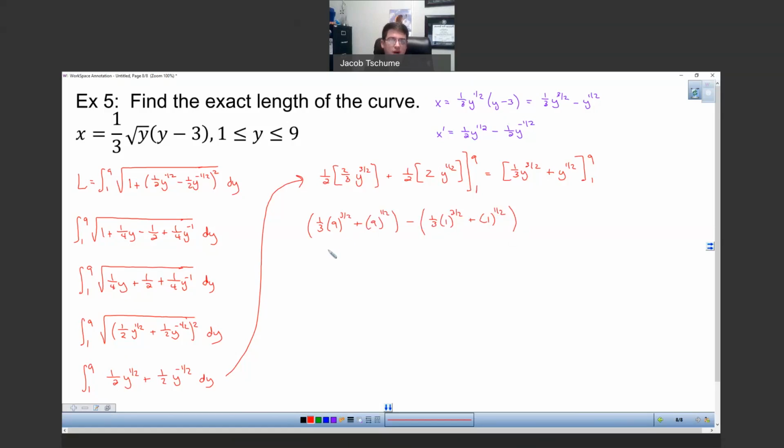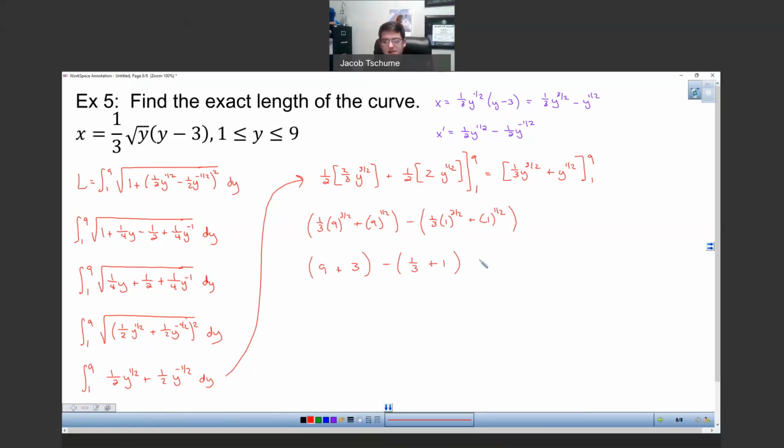Simplify all these rational exponents, and you should end up getting, from left to right, 9 to the 3/2 is actually going to be 27, and 27 times 1/3 is 9, plus the square root of 9 is just 3, minus, these ones don't really do much, so it's just going to be a 1/3 plus 1.